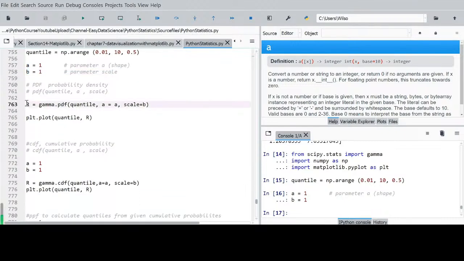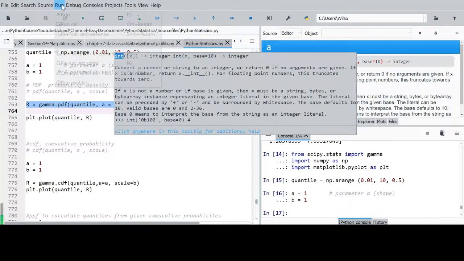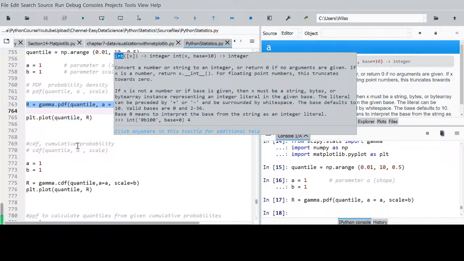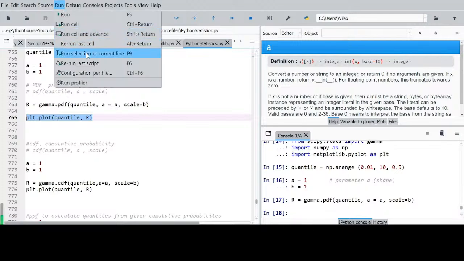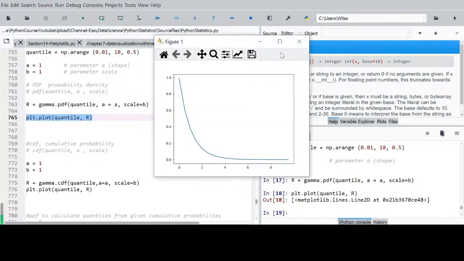We use the function gamma.pdf to calculate the density of these random variables with the parameter a equals a, scale equals b. So we can plot the relationship between random variables and the associated density.